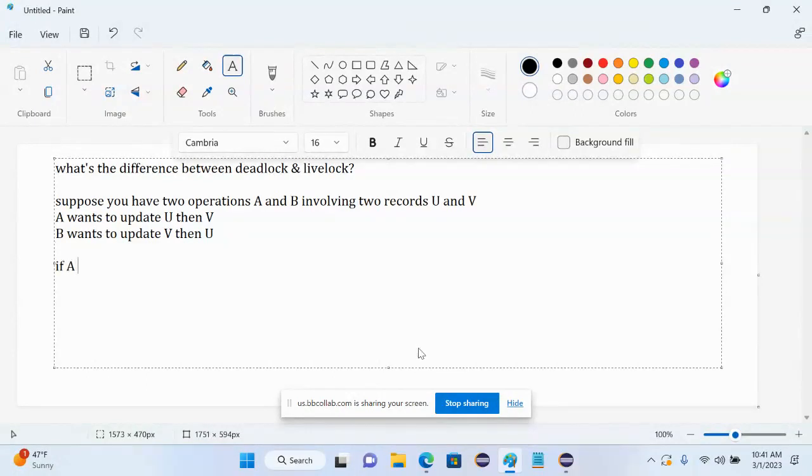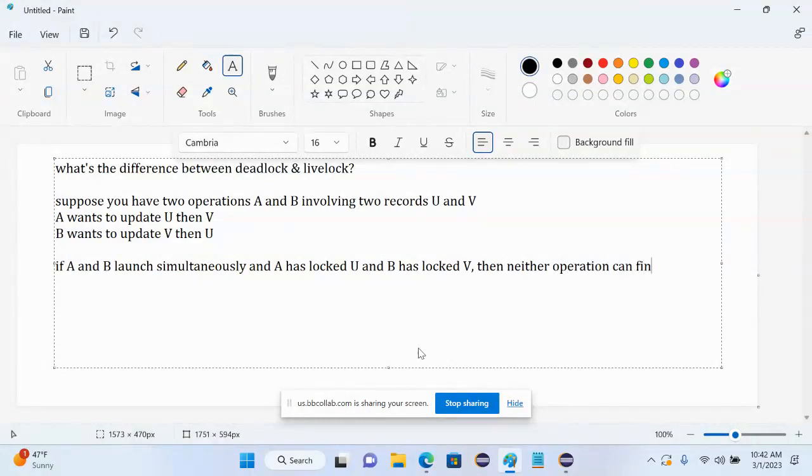If A and B launch simultaneously, and A has locked U and B has locked V, then neither operation can finish, right? Because if A has locked U, then B can't proceed to update U until A is done. But since A can only be done by updating V, well, A can't finish itself because B has already locked V. This is a problem, okay?